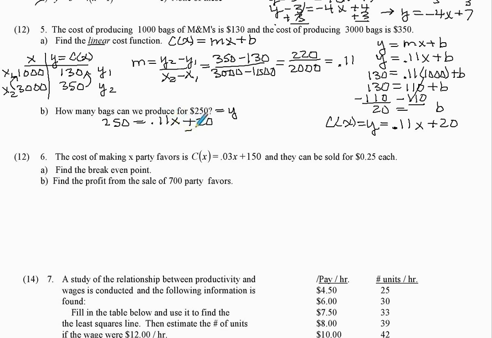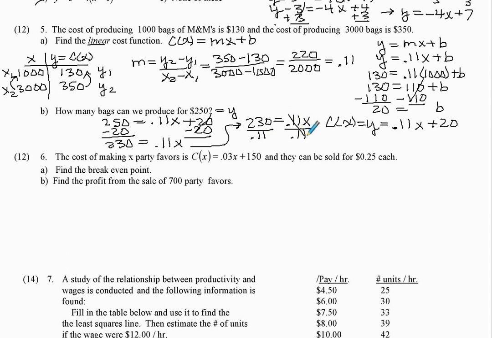So subtract 20 off on both sides. So you get 230 on the left, and these add to 0, they cancel, equals 0.11x. So 230 equals 0.11x, and now we want to divide off that 0.11 on both sides.